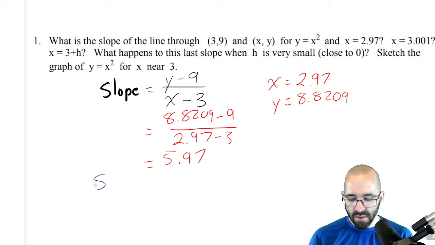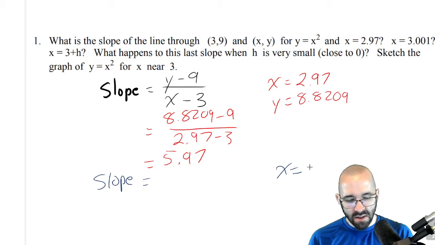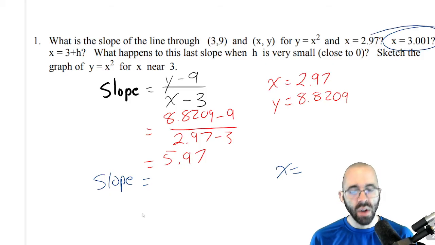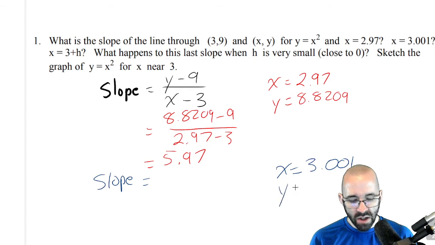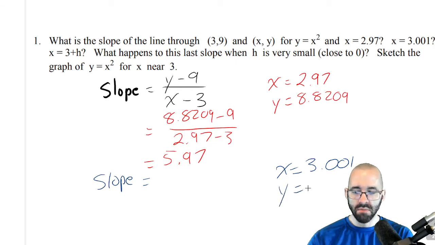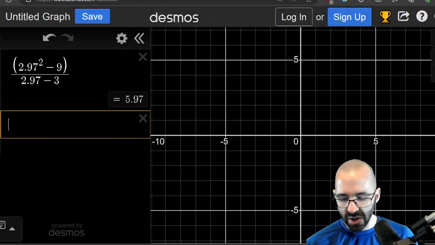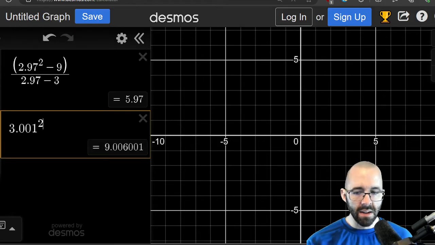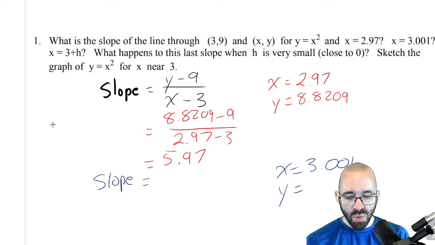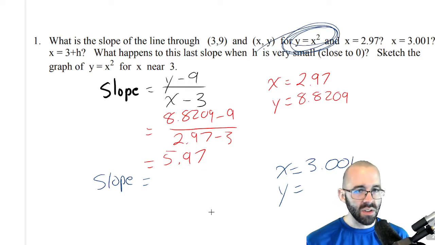We'll also find two other slopes, right? The next one, when x is 3.001. What is y in that case? Well, again, it's just going to be 3.001 squared, because y is just whatever the x value is squared.